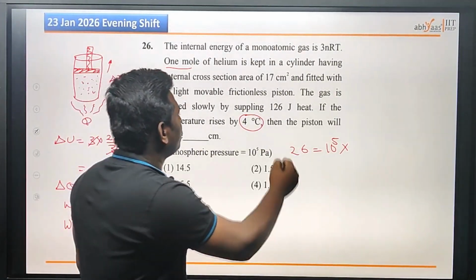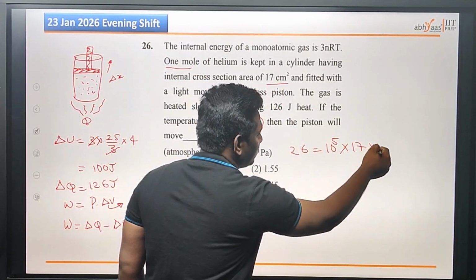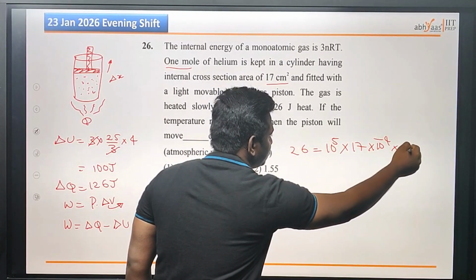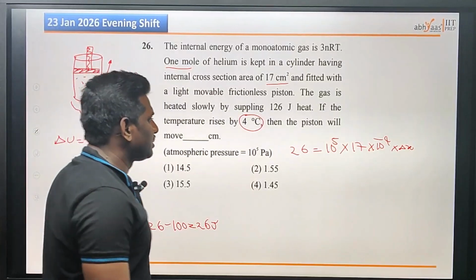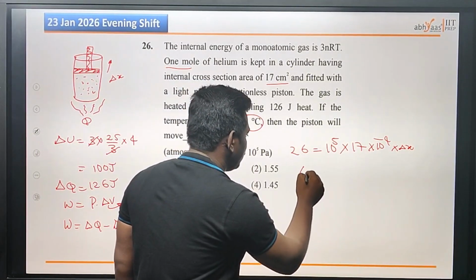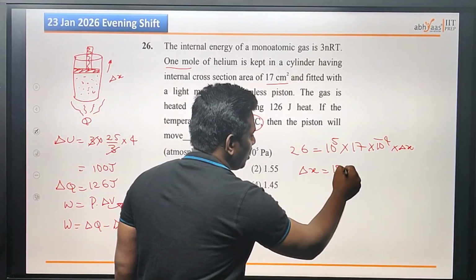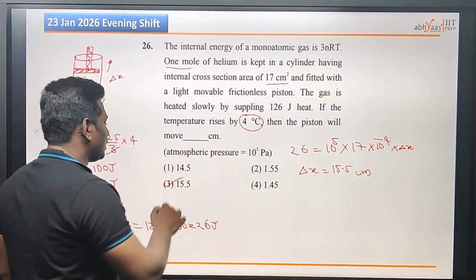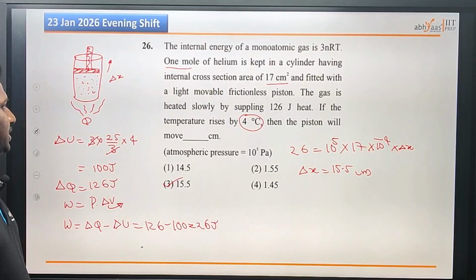They have given already area 17 centimeter square into X. So what is the answer? If you find this delta X, you will get 15.5 centimeters. This is your delta X. Okay, next question.